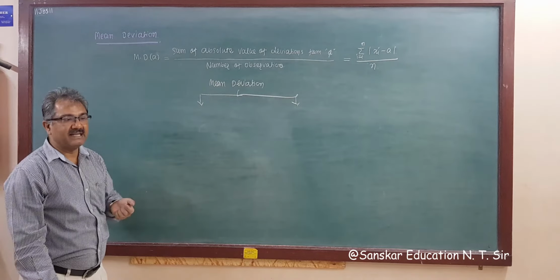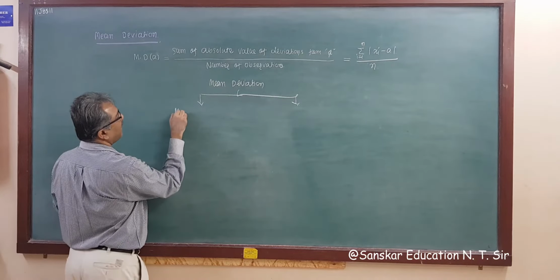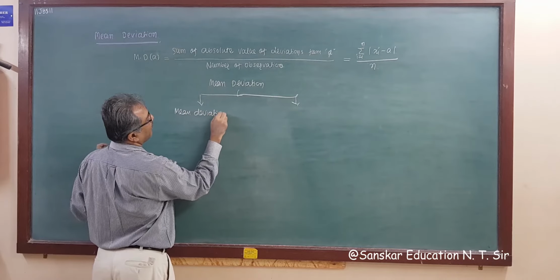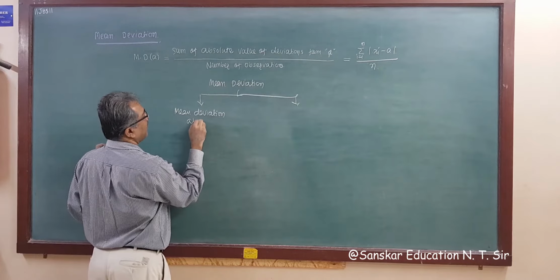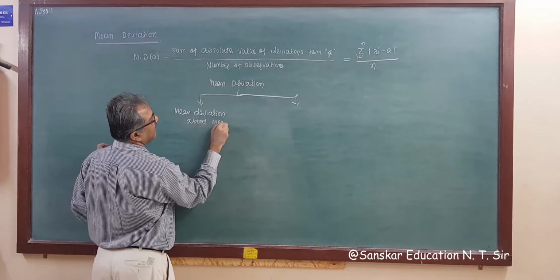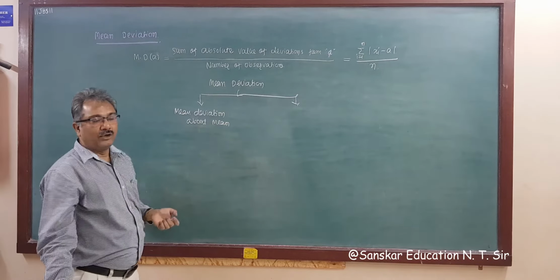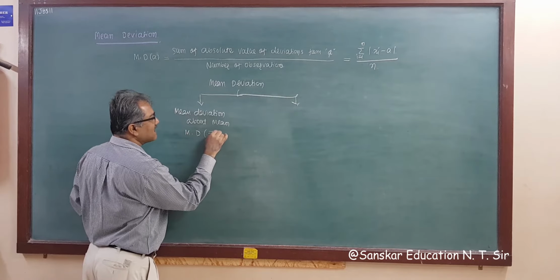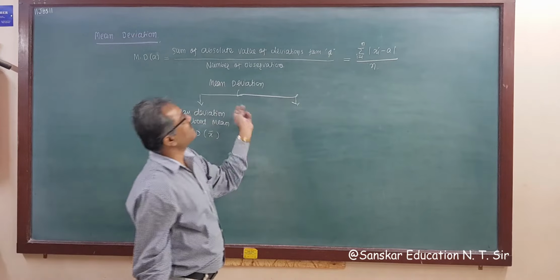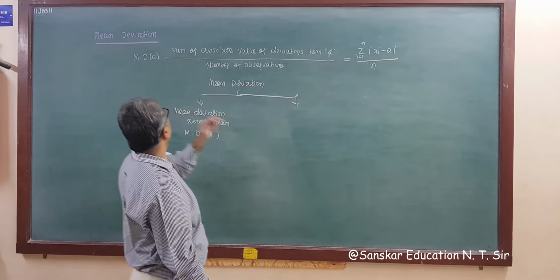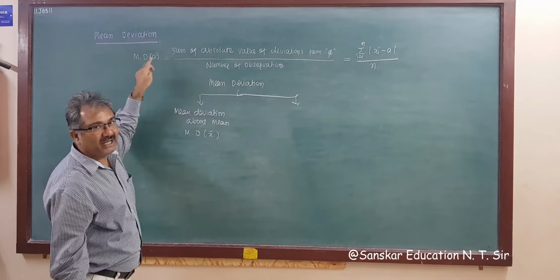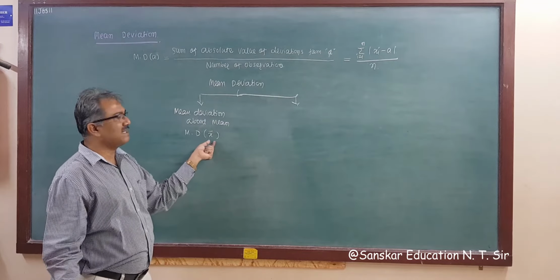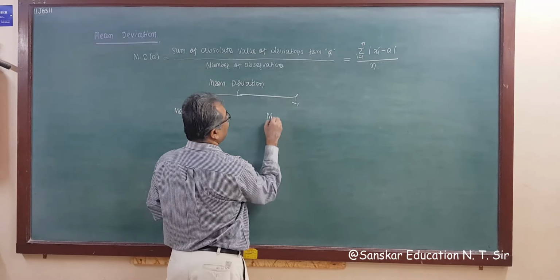First is the mean deviation about the mean, and the notation for the mean deviation about the mean uses x bar. Mean deviation about A is noted by MD about A.